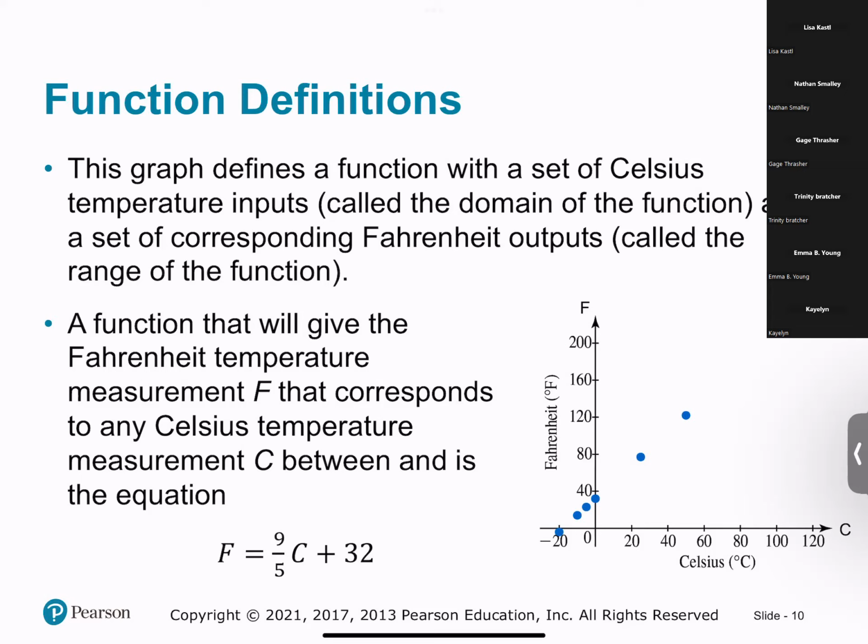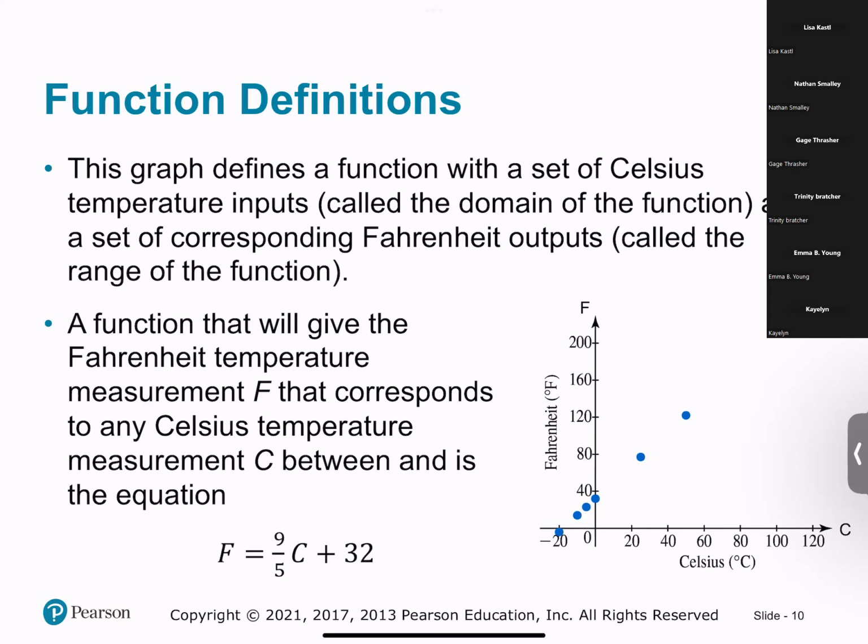So for minus 20 degrees Celsius, we get minus 4 degrees Fahrenheit. The outputs are called the range of your function. So the input, what you input, which was degrees Celsius, is the domain.